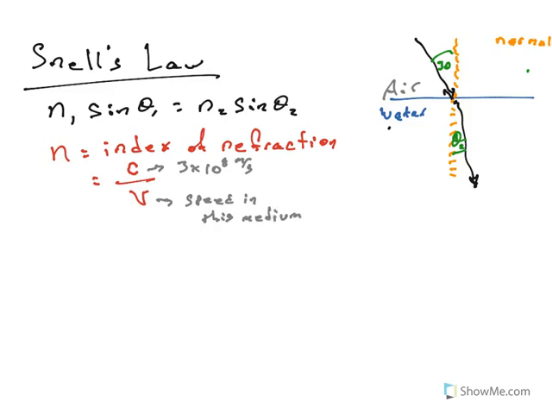So for instance, maybe in water it's 1 times 10 to the 8th. And in glass, maybe it's 2 times 10 to the 8th or something. So the velocity in this new medium is v, and the velocity in air or in vacuum is 3 times 10 to the 8th, the constant. And so what you're going to find is the index of refraction for a material is always some number bigger than 1.